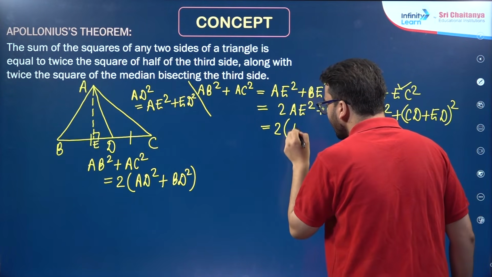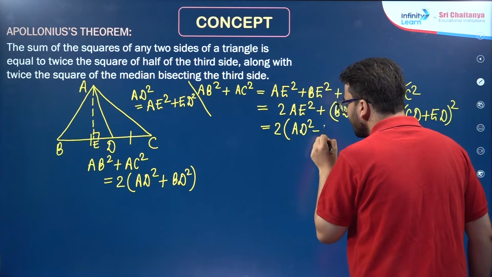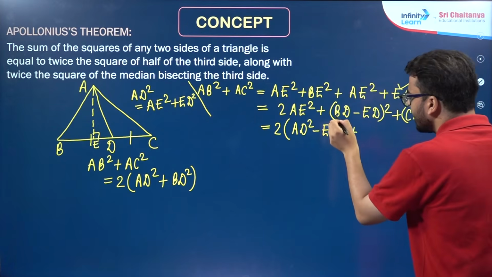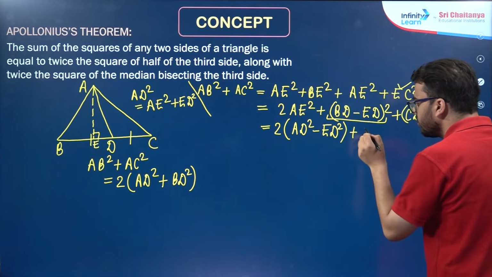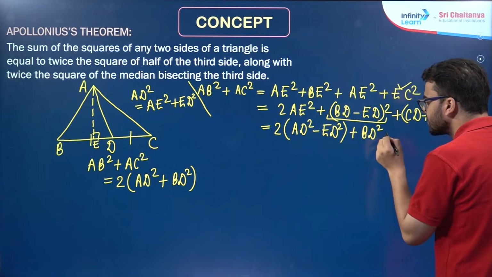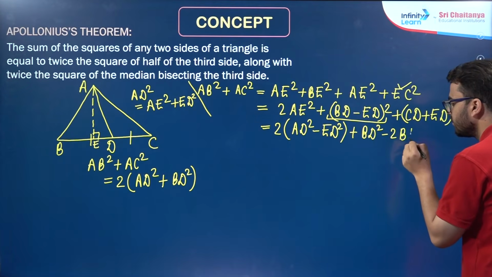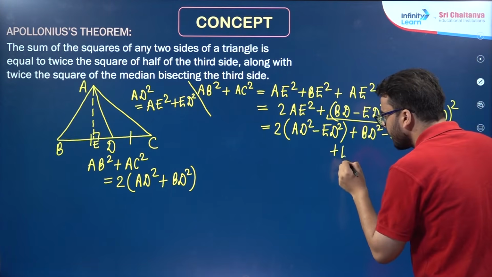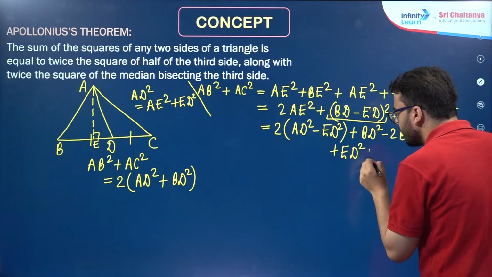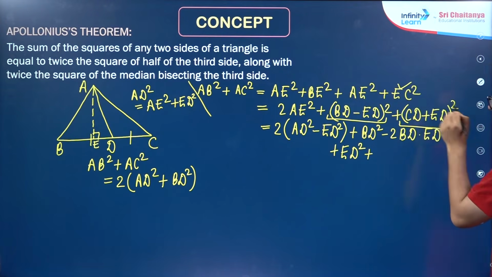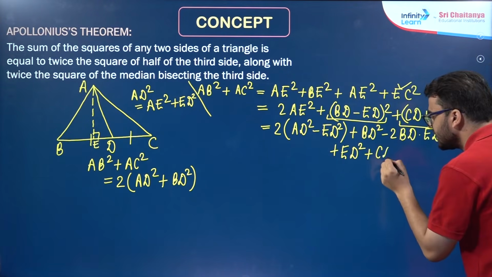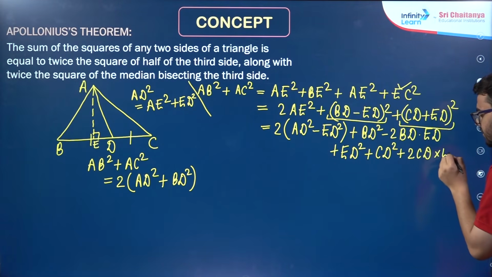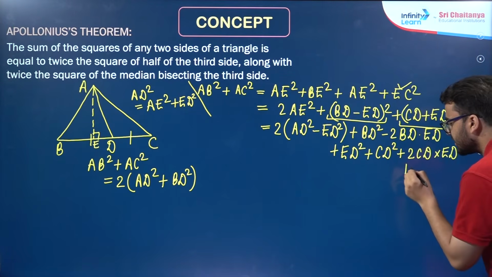Plus, I can use the A minus B the whole square identity over here. So we will get BD square minus 2BD into ED plus ED square, plus, over here I can use the A plus B the whole square identity, that is CD square plus 2 CD into ED plus ED square.